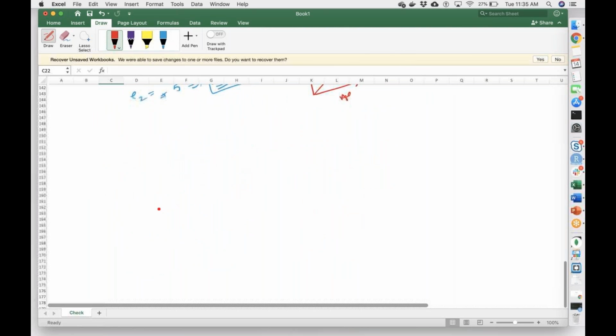Cool. Now let's say you have only two data points. In that case, you can have your line like this. Can R square be negative?